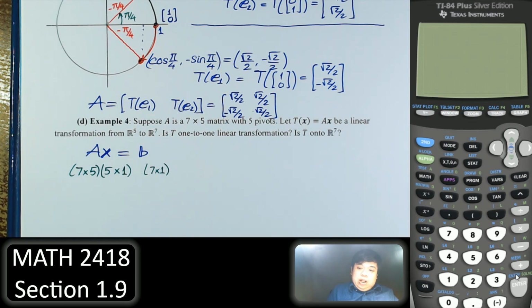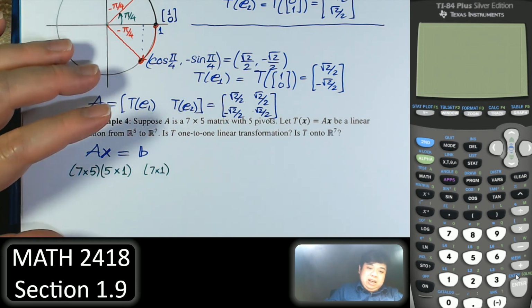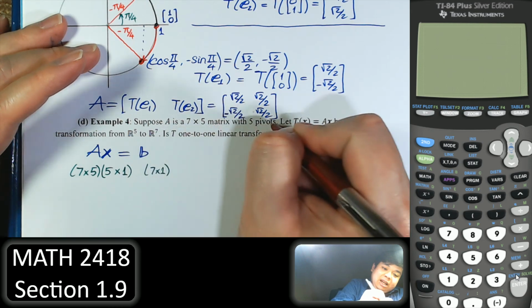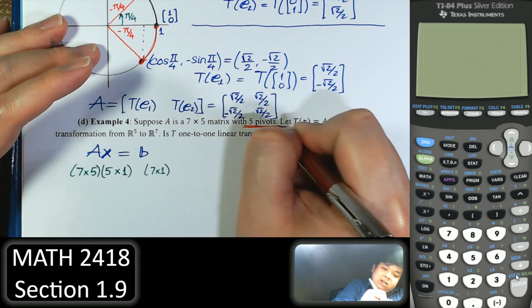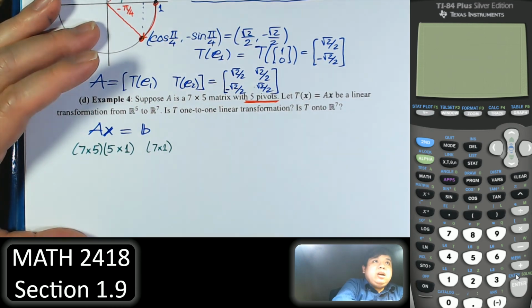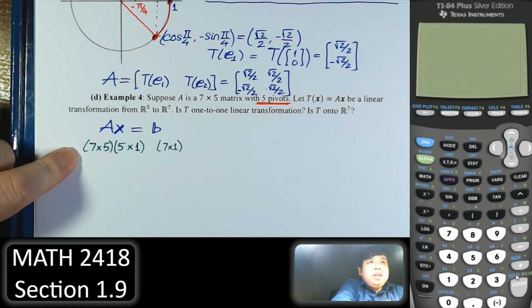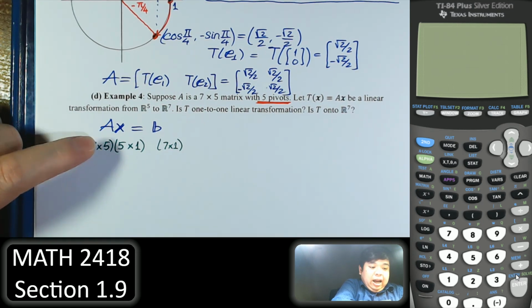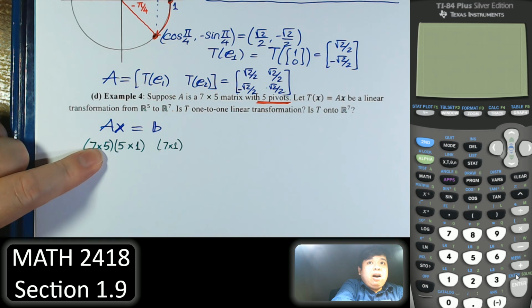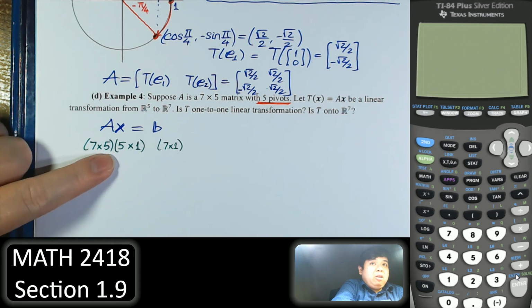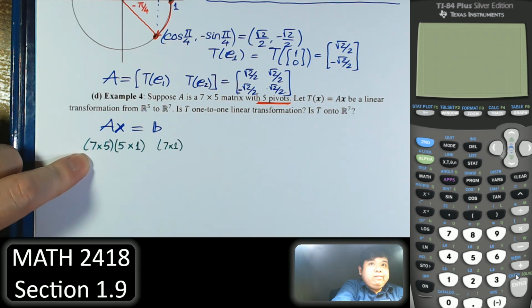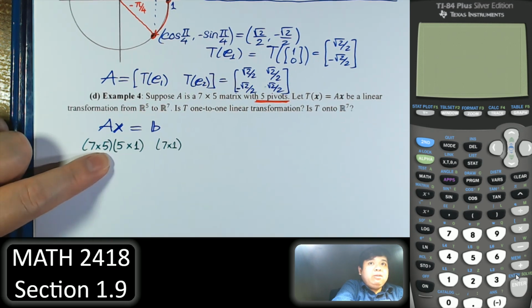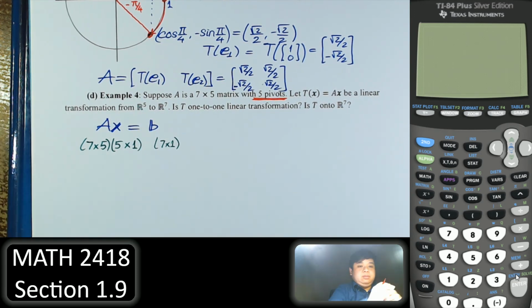Now is T one-to-one, and is T onto? The only information we have here is that A has 5 pivots. But first, A is 7 by 5, meaning A has how many columns and how many rows? Row by column, always, right? So 7 rows, 5 columns.